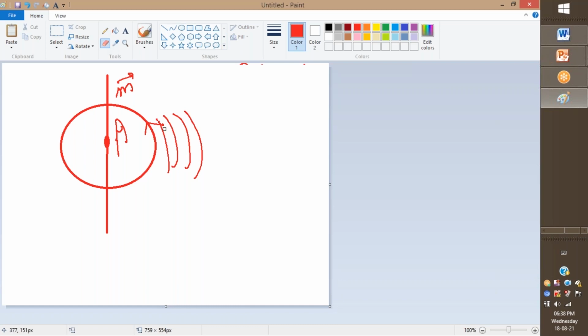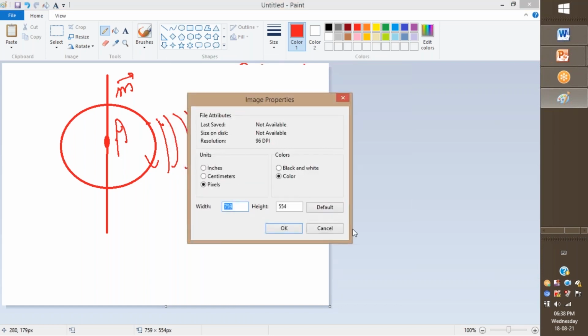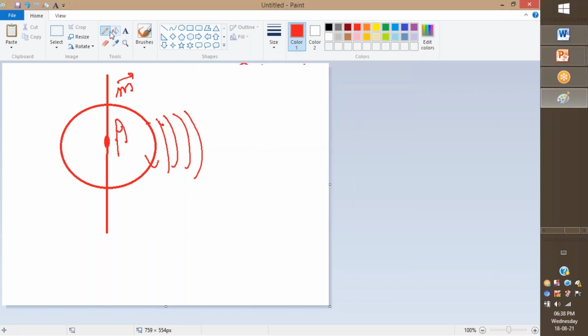If the current is in the opposite direction, your thumb will be in the opposite direction. The position of the fingers will be different, and you look, the direction of this magnetic moment will be in the opposite direction.